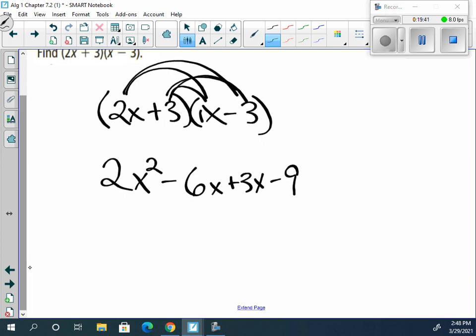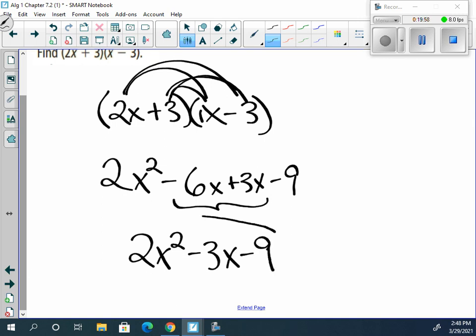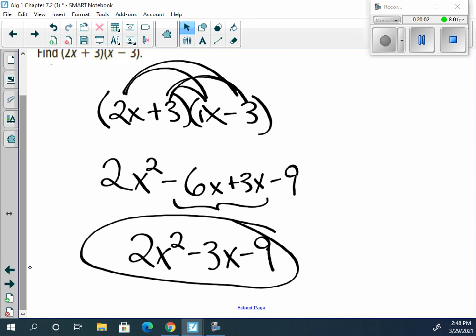Okay. Lastly, we need to combine like terms. Negative 6x plus 3x, or negative 6 plus 3, would give us negative 3x minus 9. Any questions on this here?